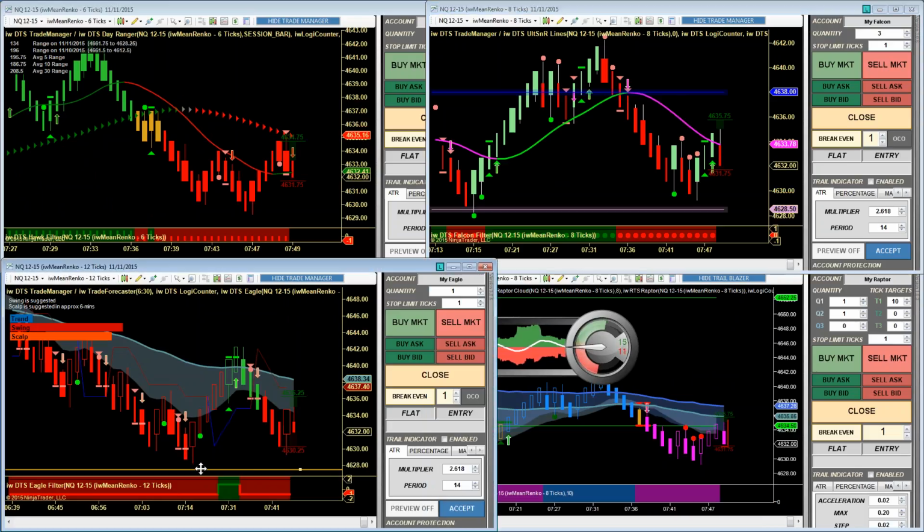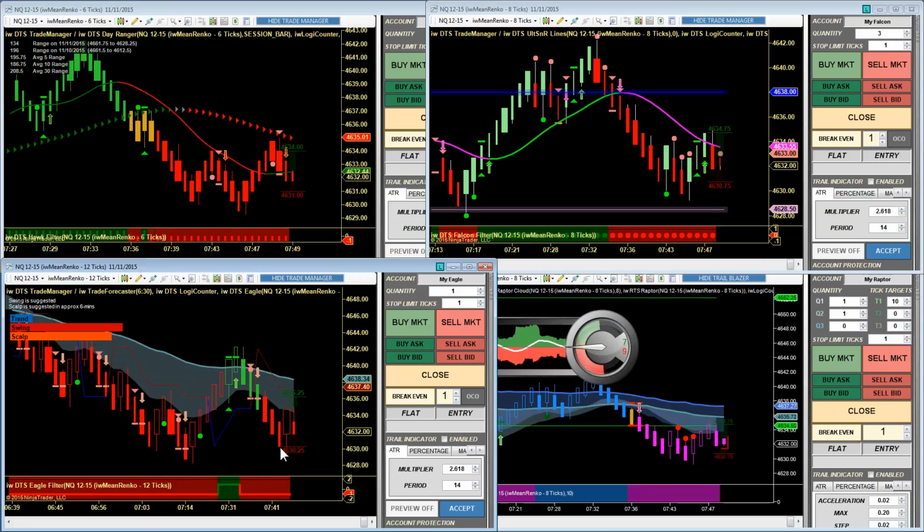This is, again, an add-on, folks. You don't need to have the DTS system. The Indicator Warehouse dynamic equivolume bars will work on any chart: Forex, stocks, futures, of course, ETFs, anything you can plot on NinjaTrader.